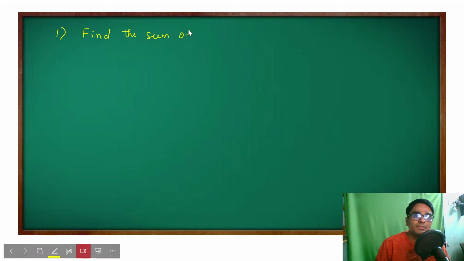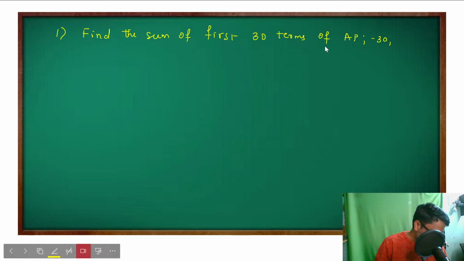Find the sum of first 30 terms of the AP given by minus 30, minus 24, minus 18, and so on. Now this question is from arithmetic progression.